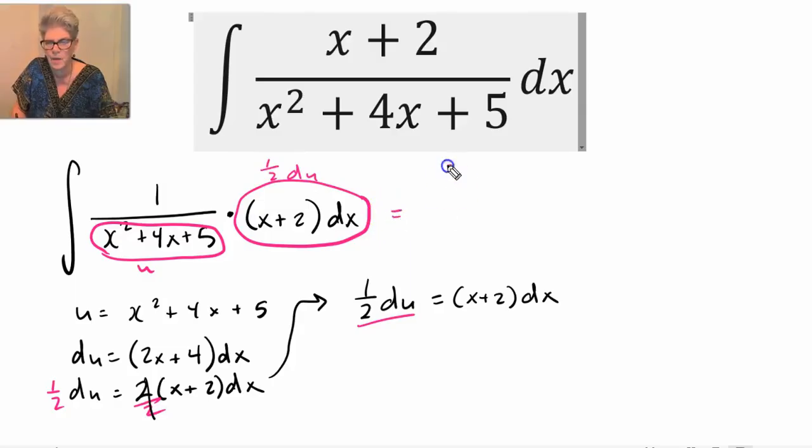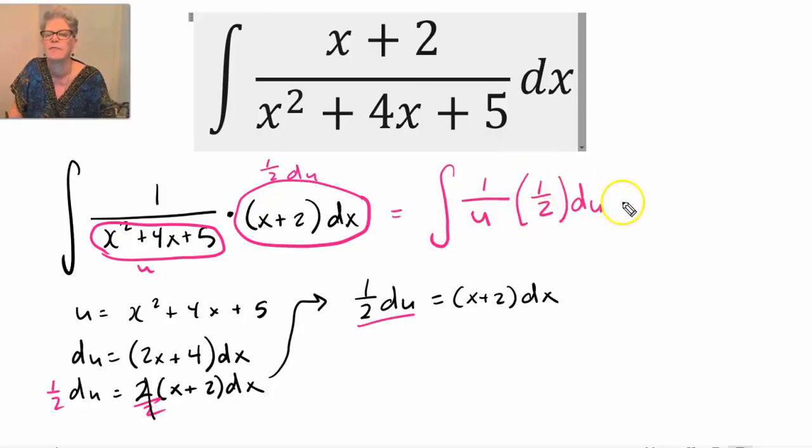So what I now have is 1 over u times a half du. And of course this half is just part of that product. I can bring it out the front, which is what I'm going to do. Now I'm with a common integral here.